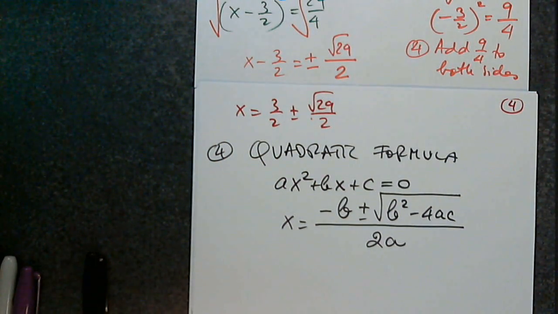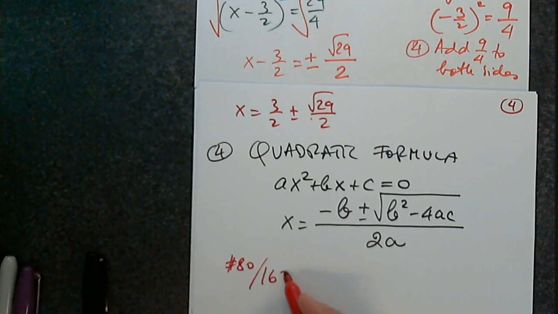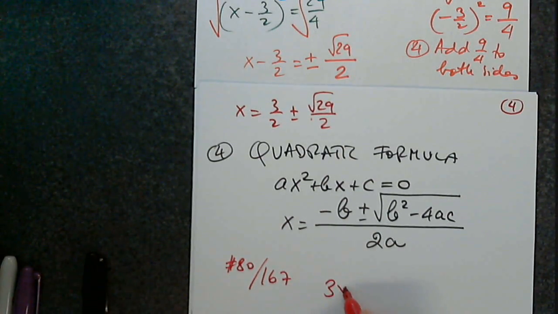So let's look at one problem, for example, 80, just to solve it, on page 167. So this is 3x squared equals 2x minus 1. Okay, so for this problem, we are asked to find the discriminant.